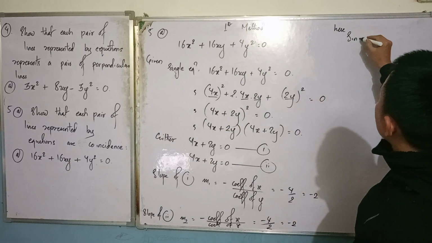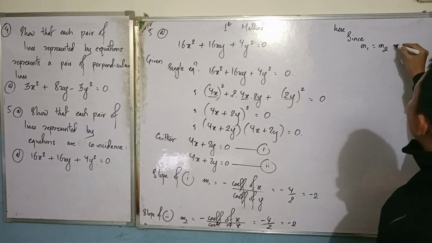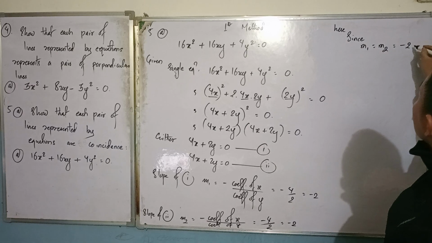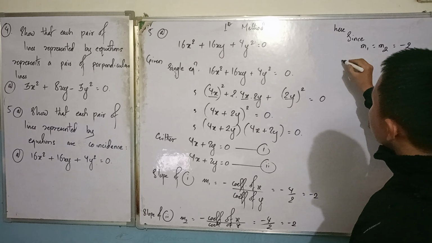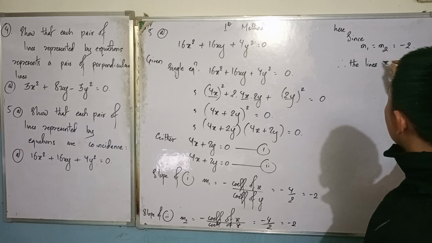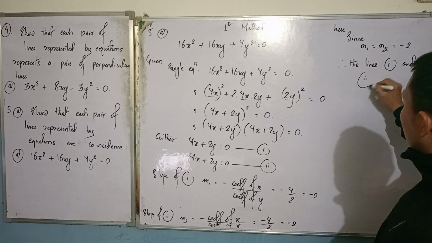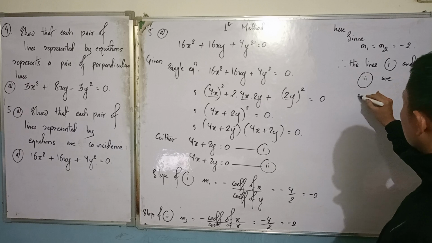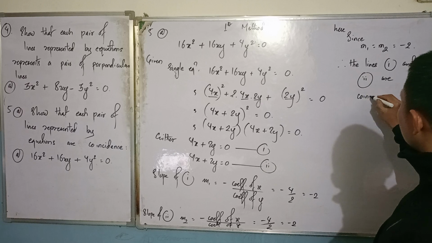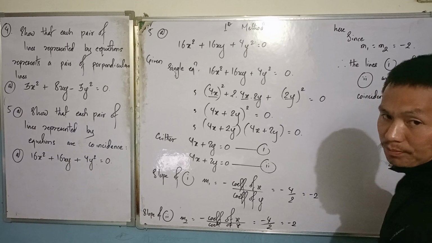Since m1 is equal to m2, both slopes are equal, therefore the lines I and II are coincident.